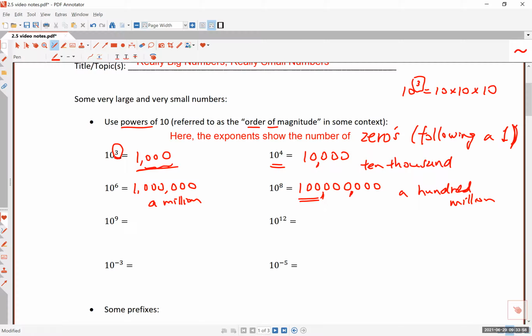10 to the 9th has a special name. You notice here, every time the exponent increases by 3, we use a new name. This is pretty typical, at least in the Western languages.